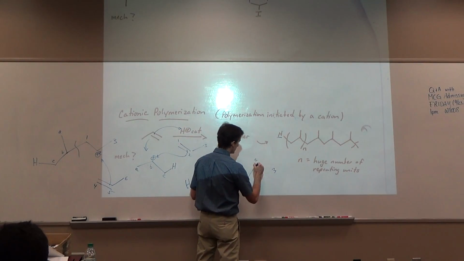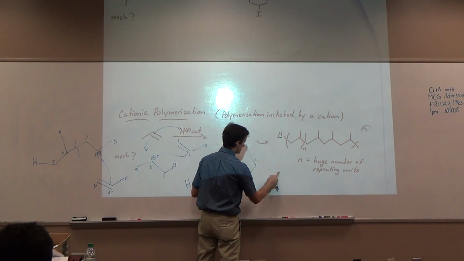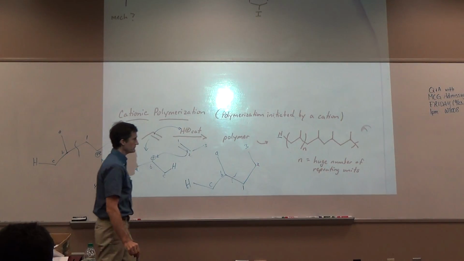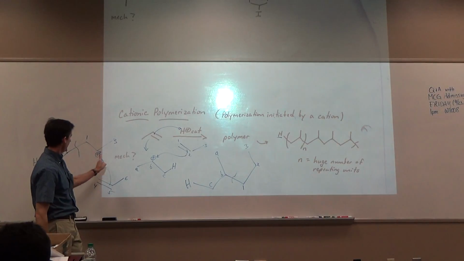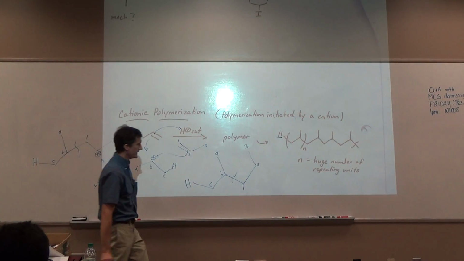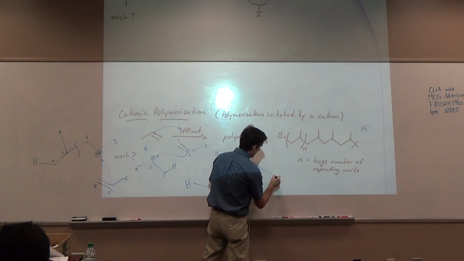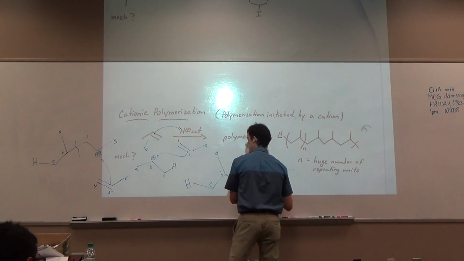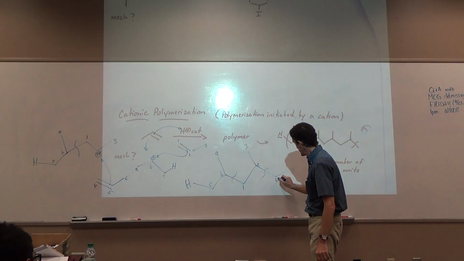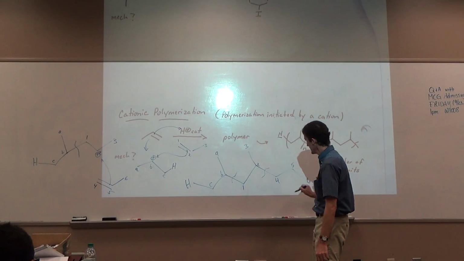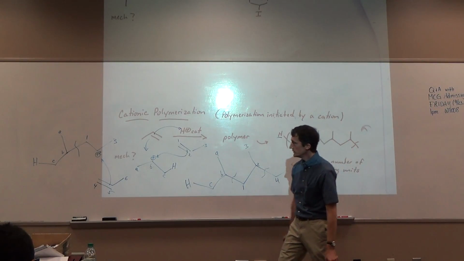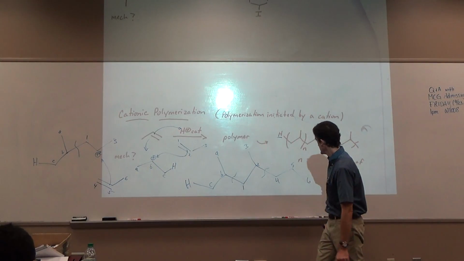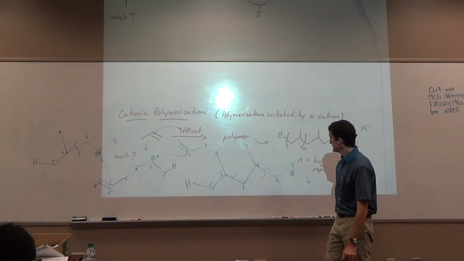I'm going to draw this up. 2 was the cation. I just redrew this. 2 is the cation. Now we made this bond. This is 4, 5, and 6. 4 is bonded to 2. That's what we're doing right here, leaving the cation where? On 5.